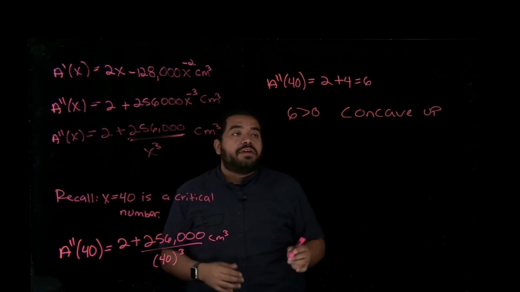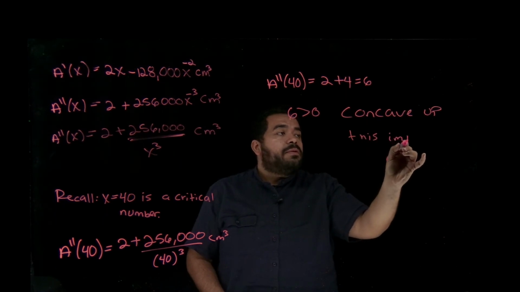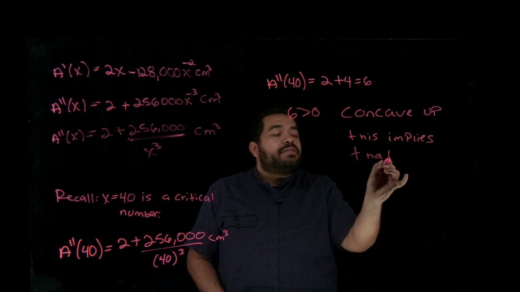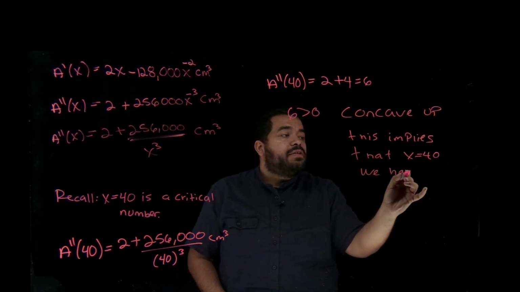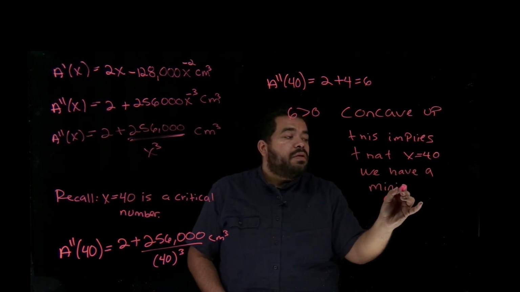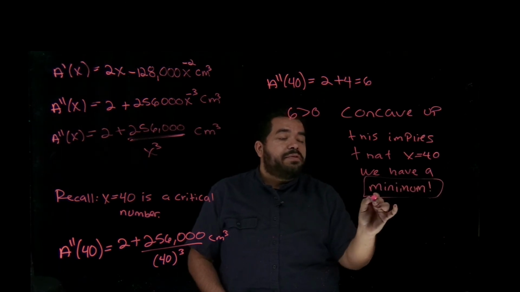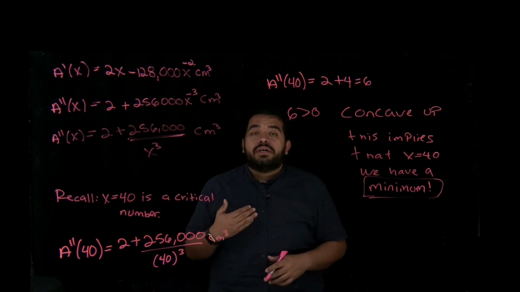And if we have concave up, this implies that when x equals 40, we have a minimum, which is what we were interested in. We wanted this to happen. So now we have the value of x that is going to give me a minimum.